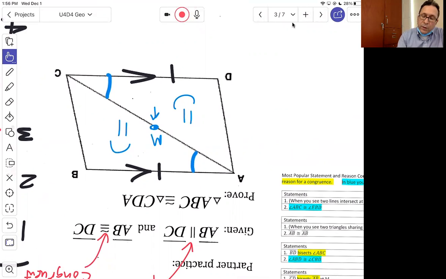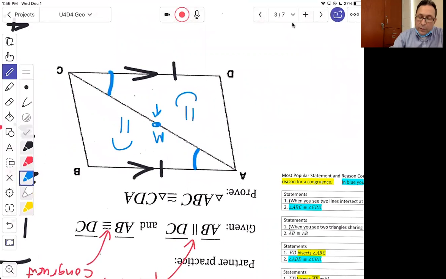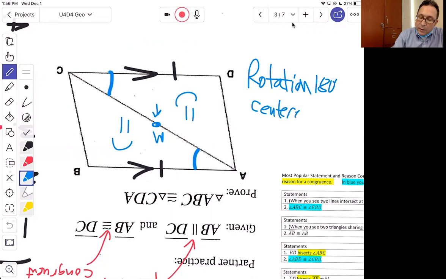So the transformation I'm looking for would be a rotation of 180 degrees centered at the midpoint of AC.